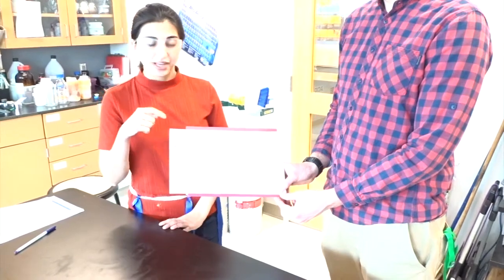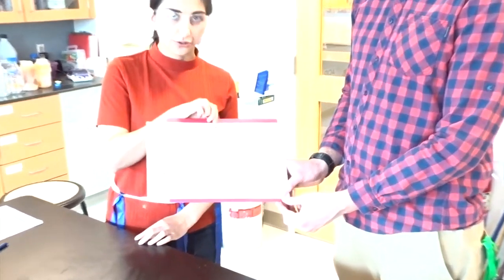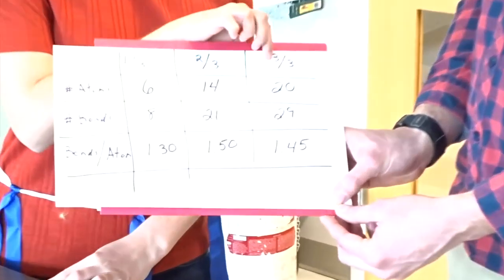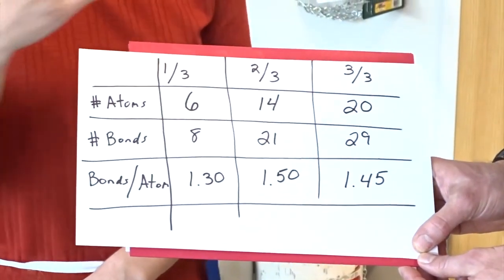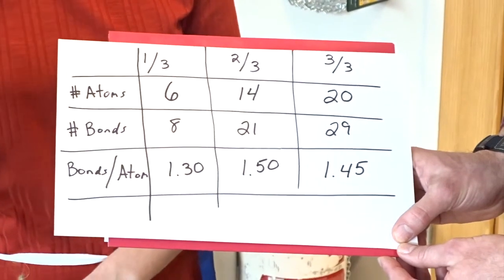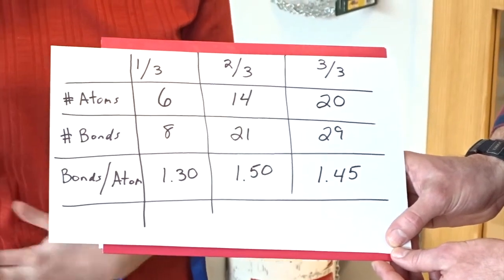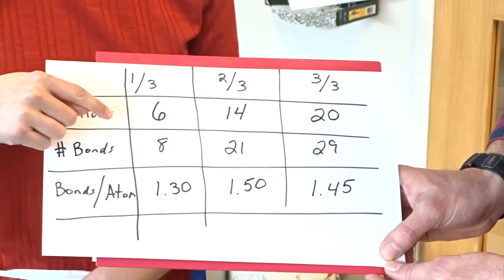So for the data table, we have the 1/3 group, 2/3 group, and then when they combined, the 3/3 group data. In this data, we'll start talking about the 1/3 group, where we had 6 atoms or people who made in total 8 different bonds.